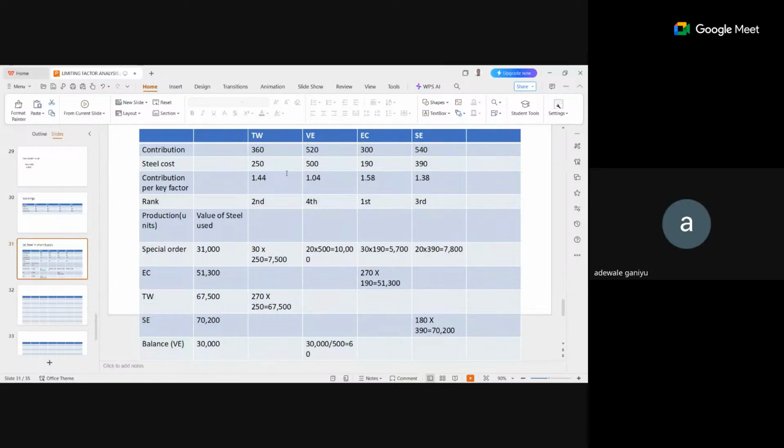But assuming I want to do it together, taking into consideration the special order also. The special order, irrespective of your ranking, irrespective of your limited resources, you must produce that. Yes, I know we must produce it. But what I'm just saying is, for instance, when I know for EC, we can accommodate all the 300. So instead of doing 30 and 270, can I just do it once, 300?